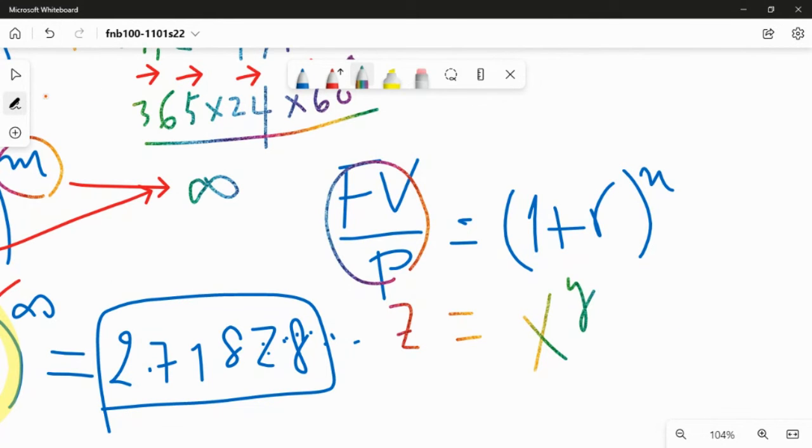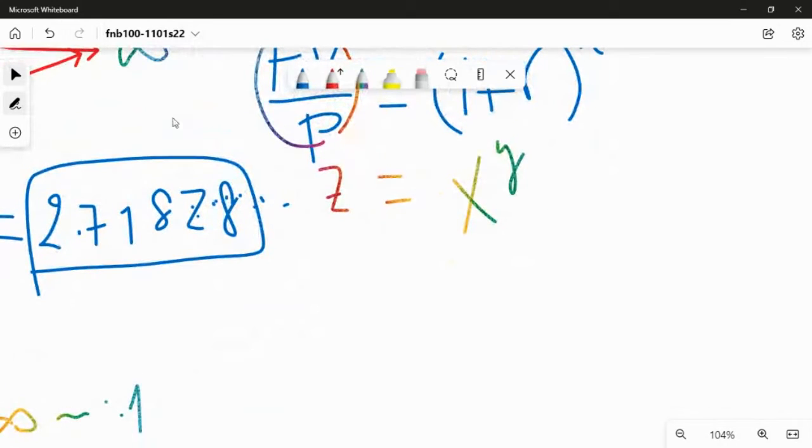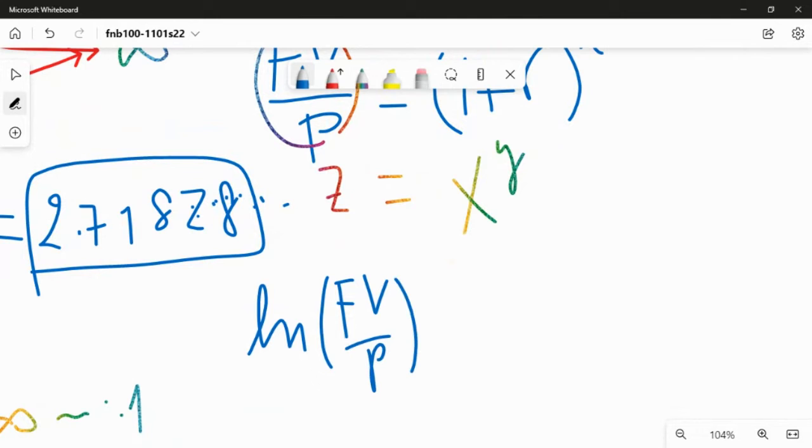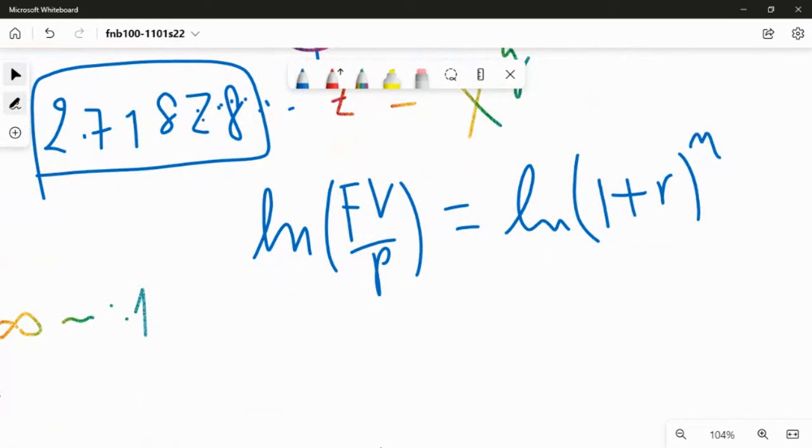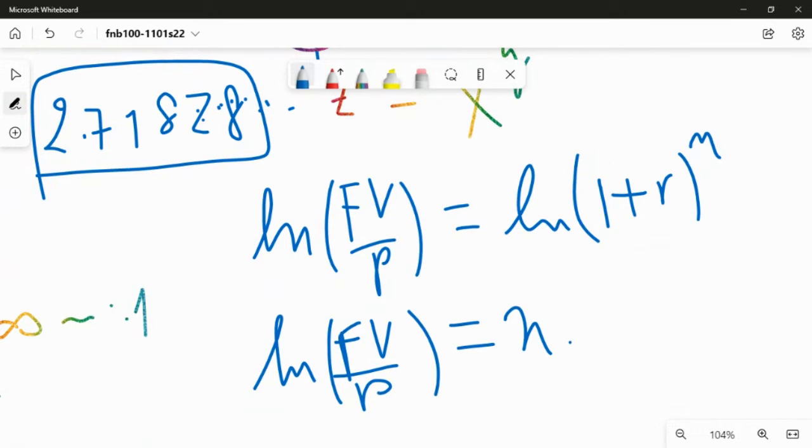And then by taking the natural log, natural log of 1 plus r raised to n, and then using that property of log, this becomes n times natural log of 1 plus r.